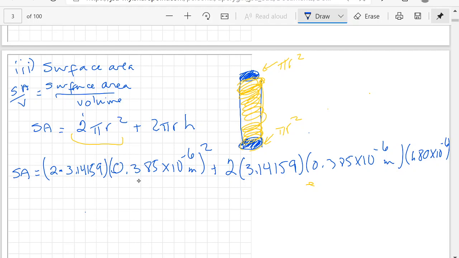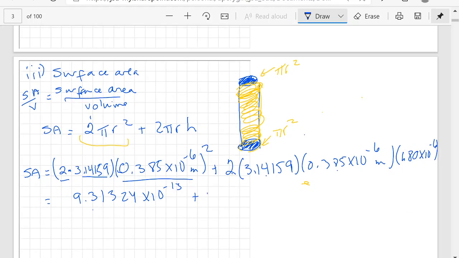And so if you square this, then multiply times 3.14159, then multiply that times 2, that gives us 9.31324 times 10 to the minus 13, plus, and then you multiply 2 times 3.14159 times this, and that gives you 2.419023, and I'm not doing sig figs here, times 10 to the minus 6.